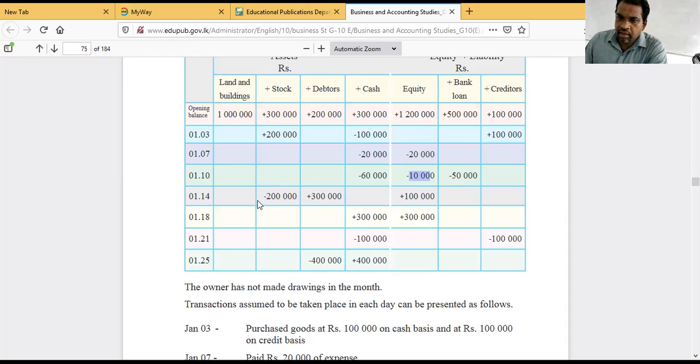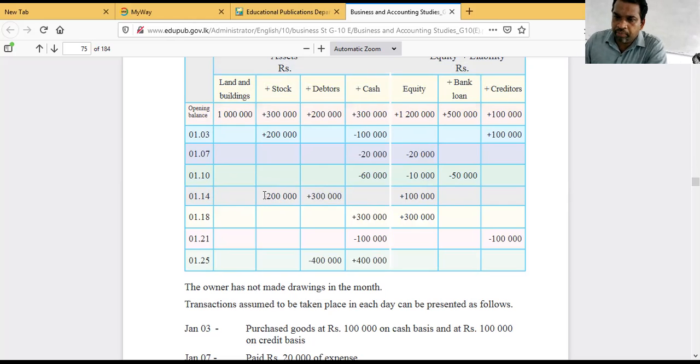Next one, 14th January, transaction occurred minus 200,000 on the stock, plus 300,000 on debtors, and plus 100,000 on equity. You know, if there is an increase in debtors, that means the business has sold goods from credit worth of 300,000. If we have put minus 200,000 on the stock, that means they have sold stock or inventory.